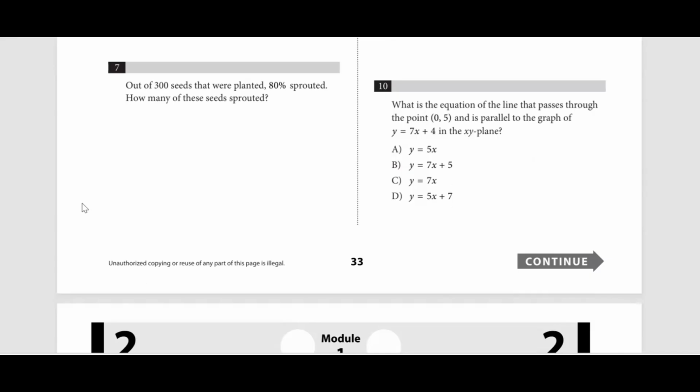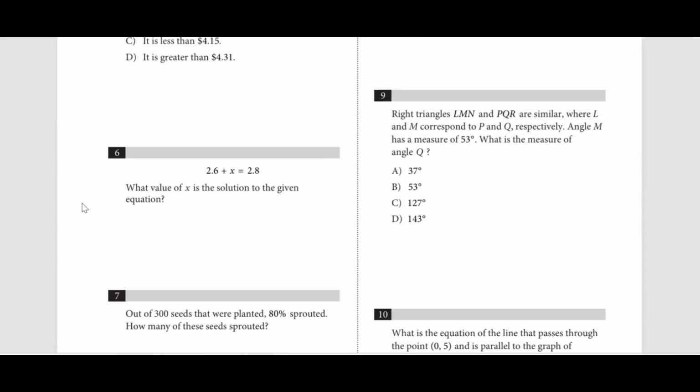So we have to find the number of seeds which sprouted. So it means that we have to take 80% of the 300. So 80 over 100 times 300. Tell me the answer. 240. Yes, 240 is the right answer.